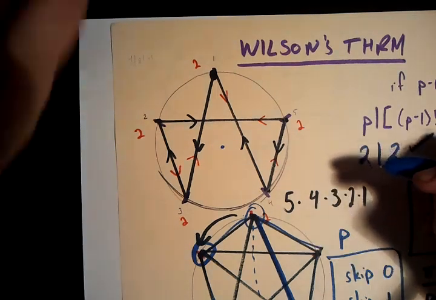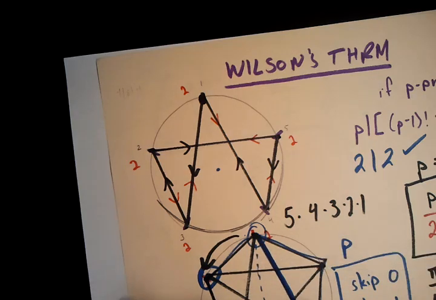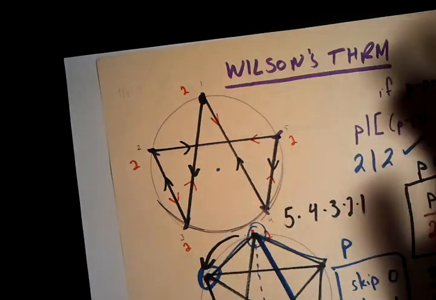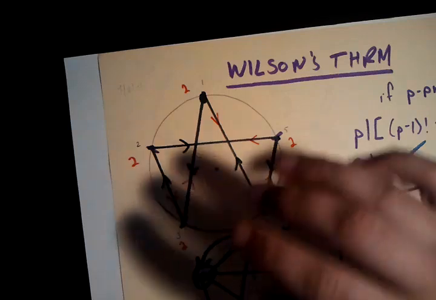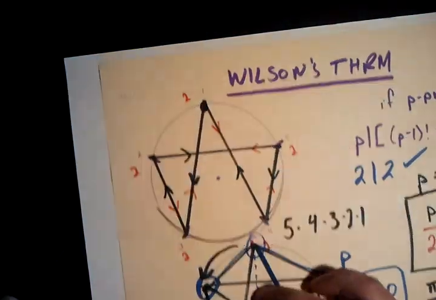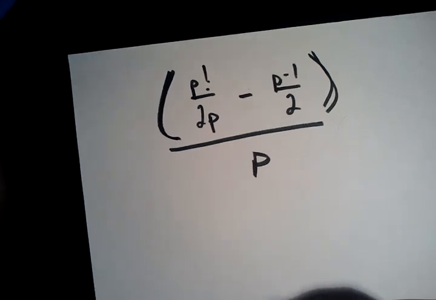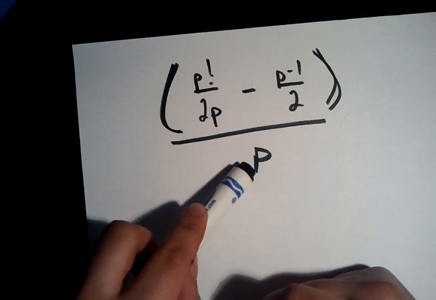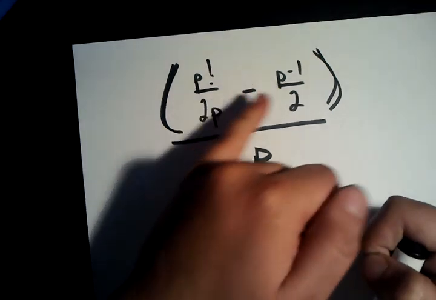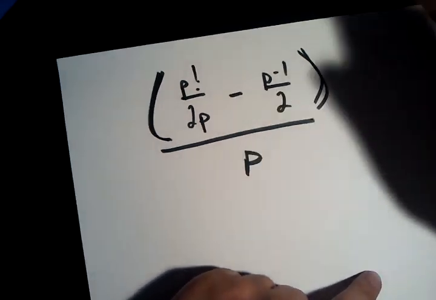So see how, since there are 5 points, there are 5 different stellated pentagons that we can make. They naturally fall into groups of 5, or groups of p. That implies that this quantity is divisible by p. And remember, this represents all the ones that are not regular. So p does divide it.